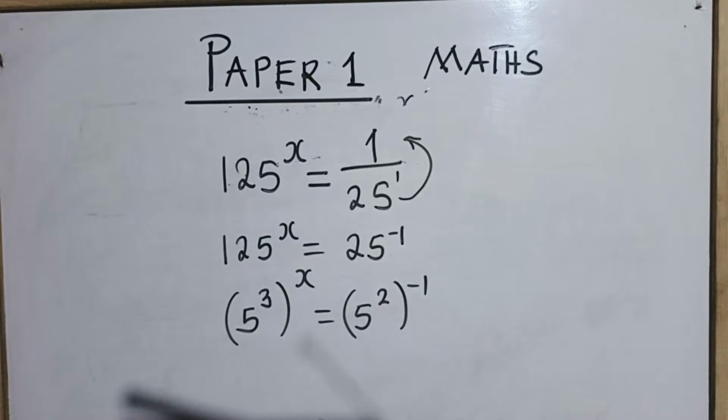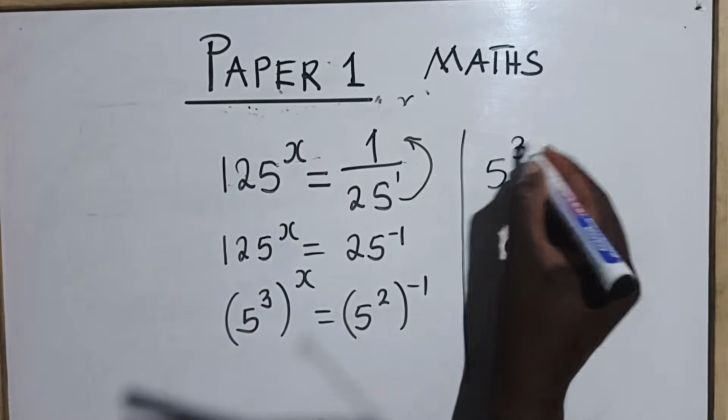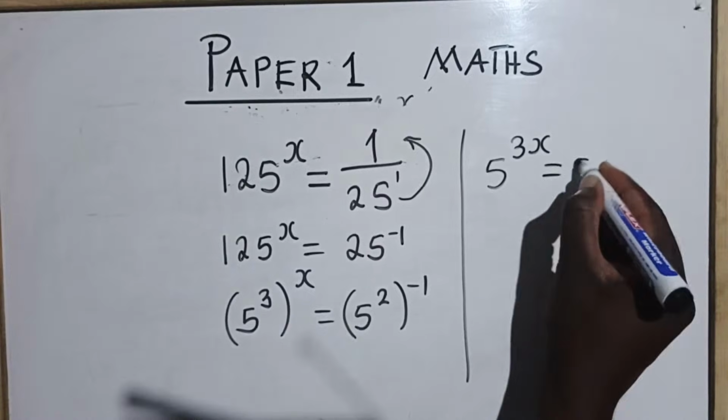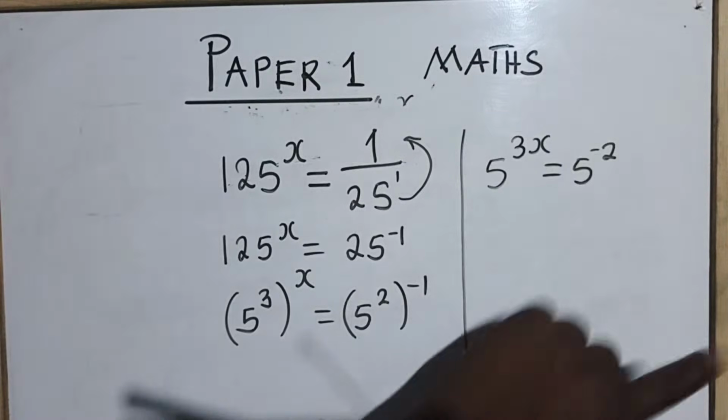What you're going to do next is to apply the property of indices, which says that power to power you multiply. So 3 will be multiplied by x. And this will be 5 power 3x is equal to 5 power negative 2. Even this side, 2 times negative 1, it's power negative 2.